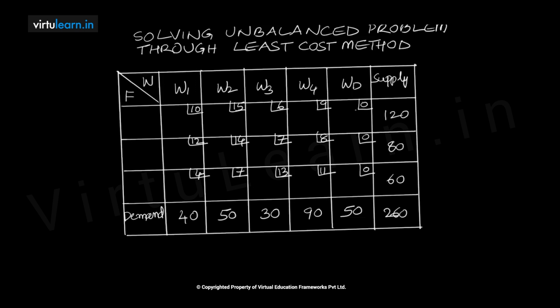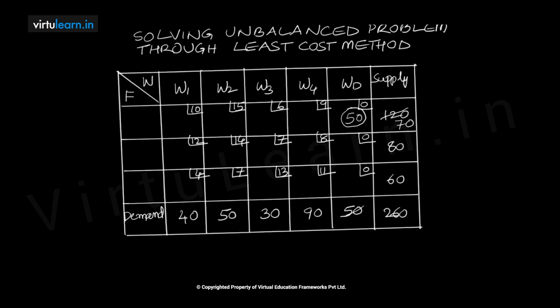From this we will allocate in this row, F1 to WD, 50 units. So that is done, and out of 120, 50 are gone and 70 are remaining. Now 50 are satisfied here, which means in this column we cannot make any allocation.